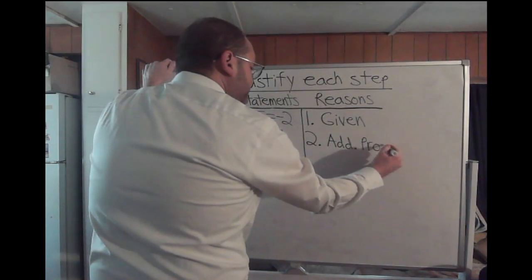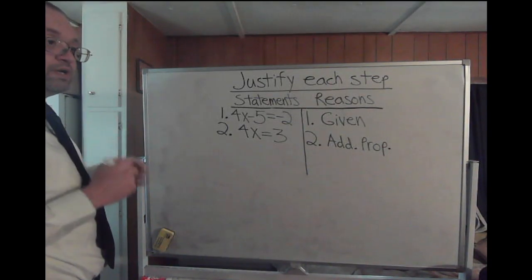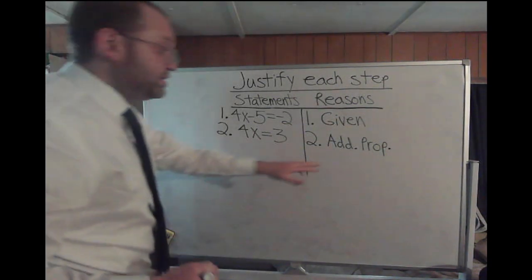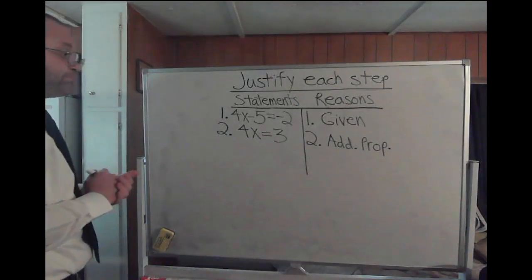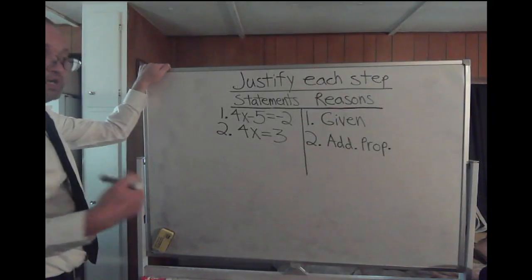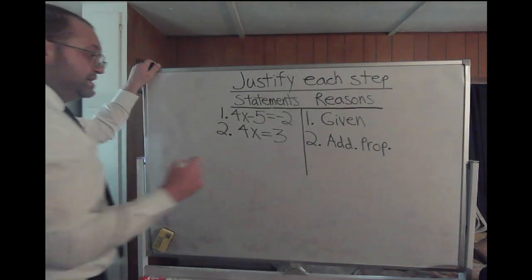When you're doing proofs, it's okay to do abbreviations, at least the 2-column proofs. If you were doing a thesis paper or a doctorate's paper, you probably wouldn't want to do it this way, but we got to 4x equals 3 by using the addition property. We added 5 to both sides, so that makes sense.